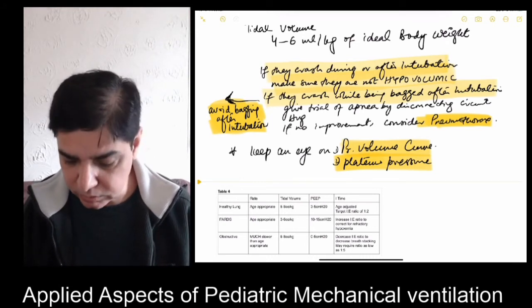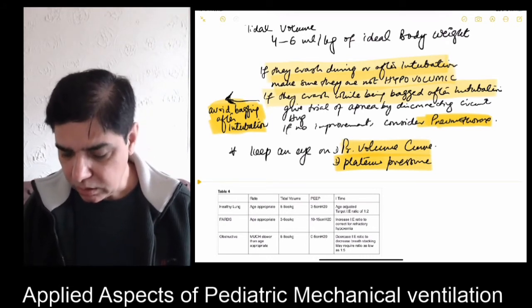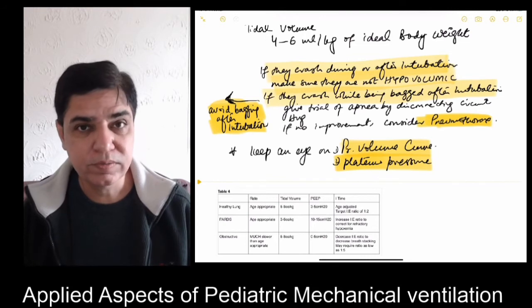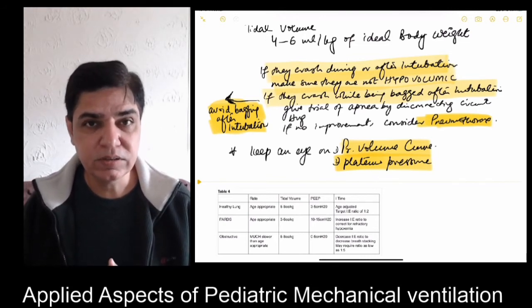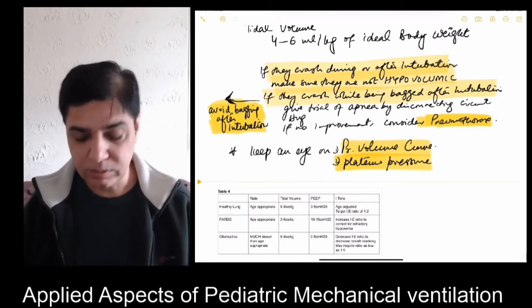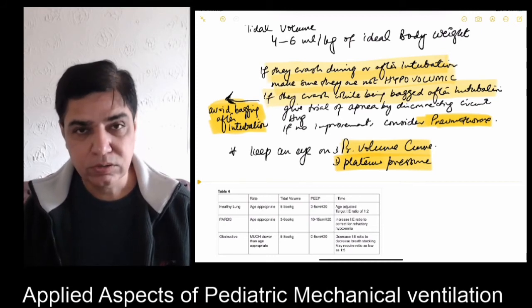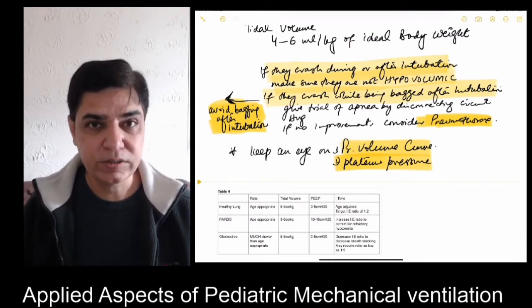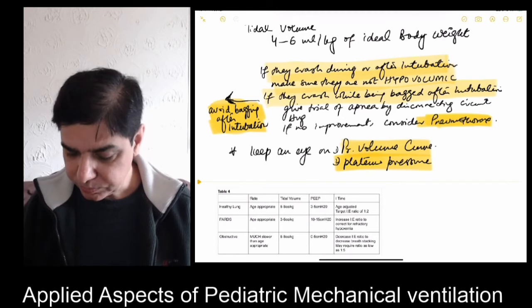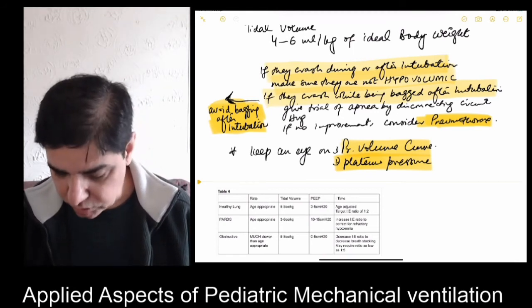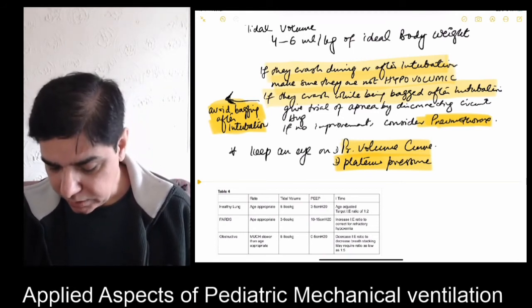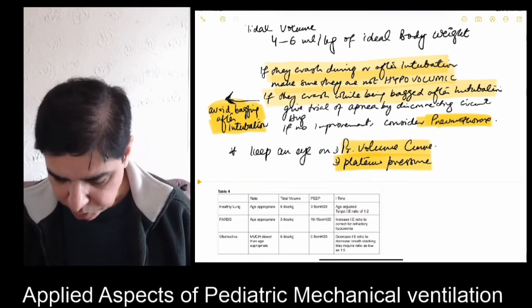I mean, the child is going downhill. Plateau pressure is also very important, because you can do an inspiratory hold and look at the plateau pressure. High plateau pressure simply means there's a lot of pressure at the alveoli level, and obviously that is not a good sign. So keep an eye on the pressure volume curve and the plateau pressure.